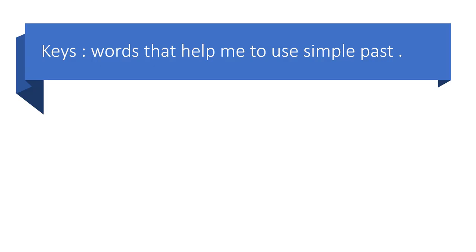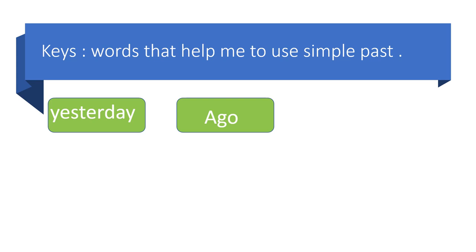There are words that help me to use simple past. When I see these words, I know that I must use simple past. I call these words keys. What are they? Yesterday, ago, last month, last week, last year, last night.